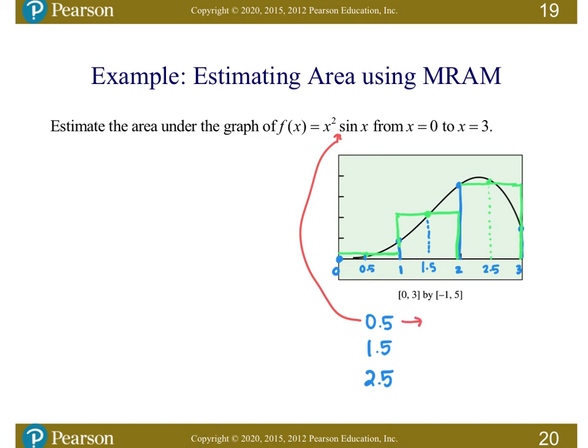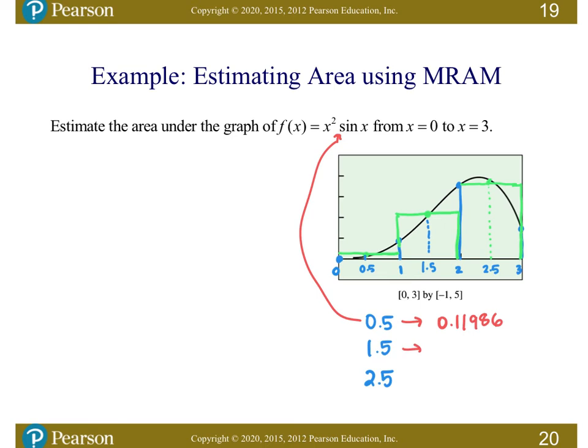All right, so if I put 0.5 squared and then times sine of 0.5, that gives me 0.1196. All right, let me do it for 1.5.